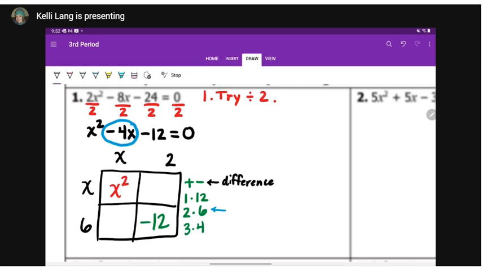And now we need to figure out which one's positive and which one's negative. So inside my boxes, if I choose 2 and 6, I should have a 2x and a 6x. Which one of these do I want to make negative in order to get a negative 4x in the middle? We want the 6x to be negative and the 2x to be positive.